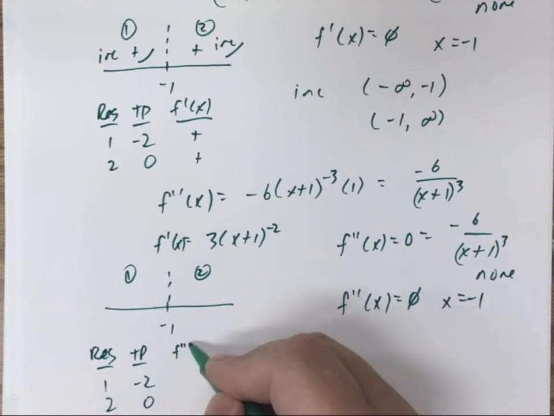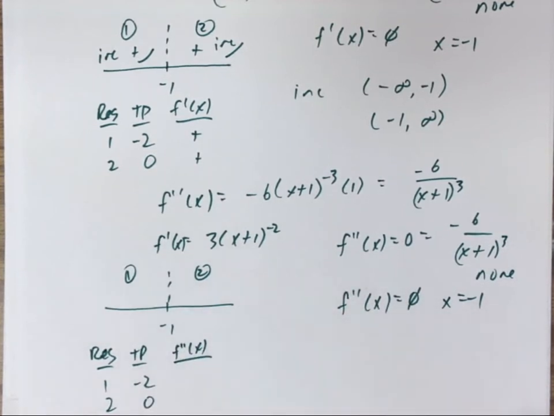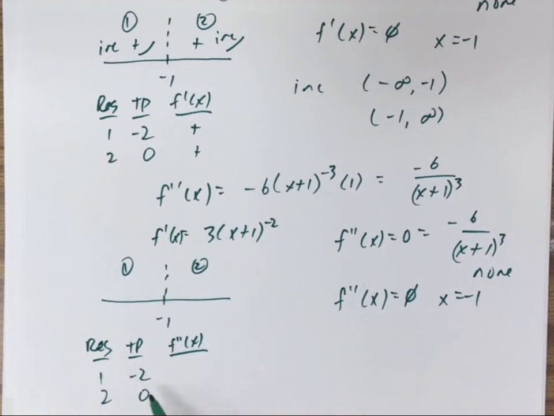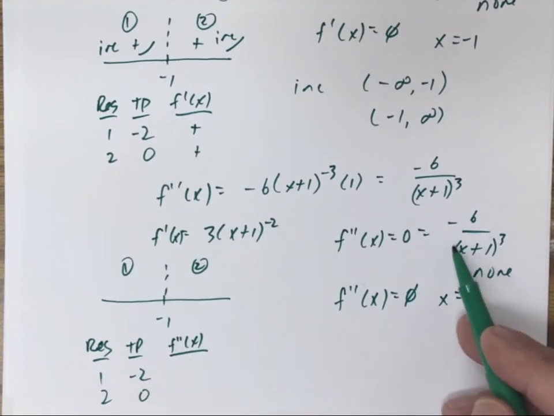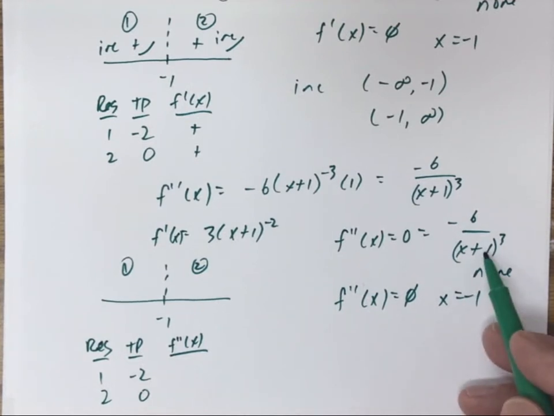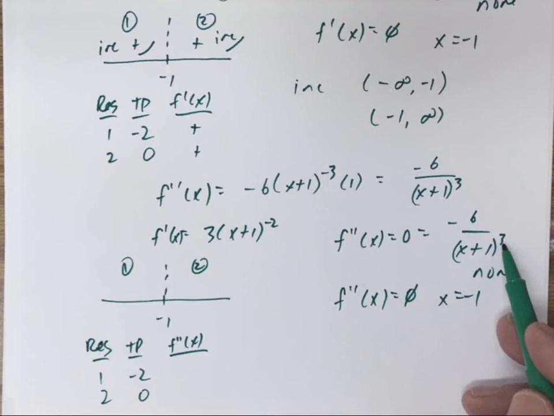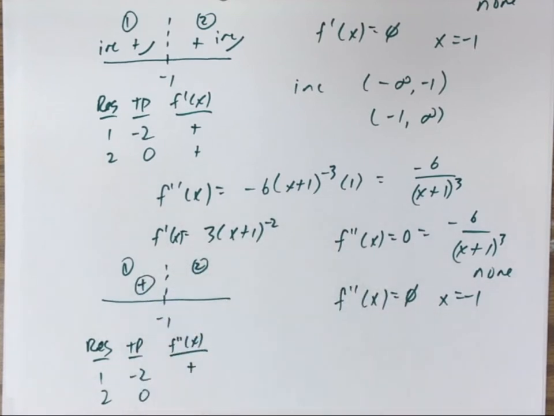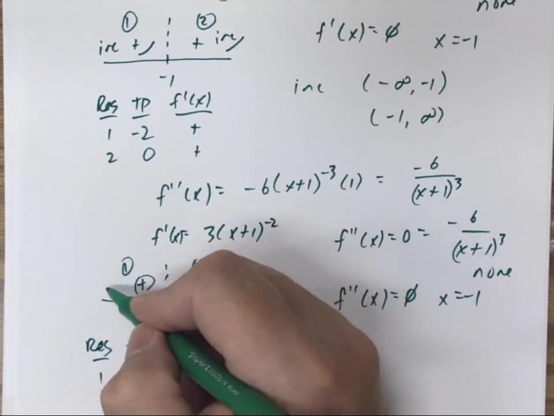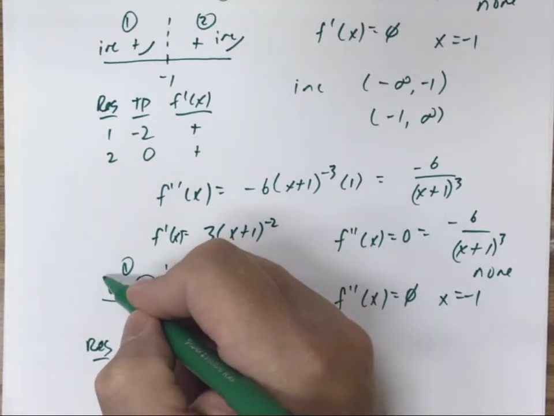And in this case, we're seeing what the sign is of the second derivative. So you plug in -2 into here. You notice the denominator is negative, because -2 plus 1 is -1. -1 cubed is -1. -6 over -1 is positive. So region 1 is positive, which means it's going to be concave up.